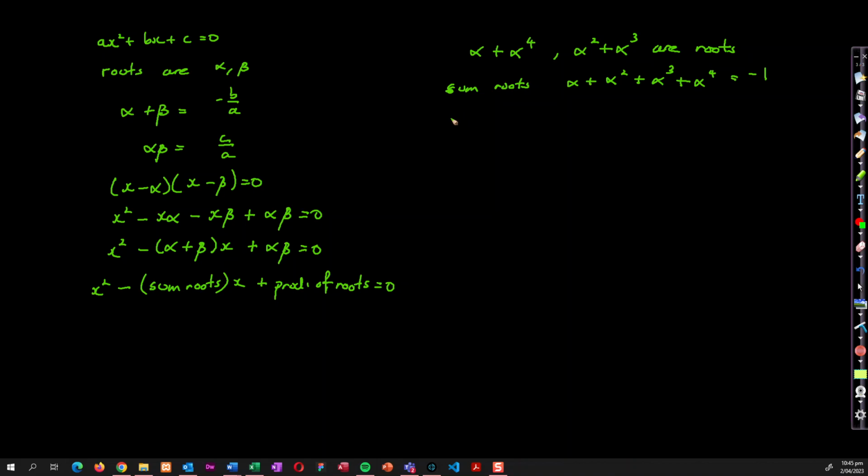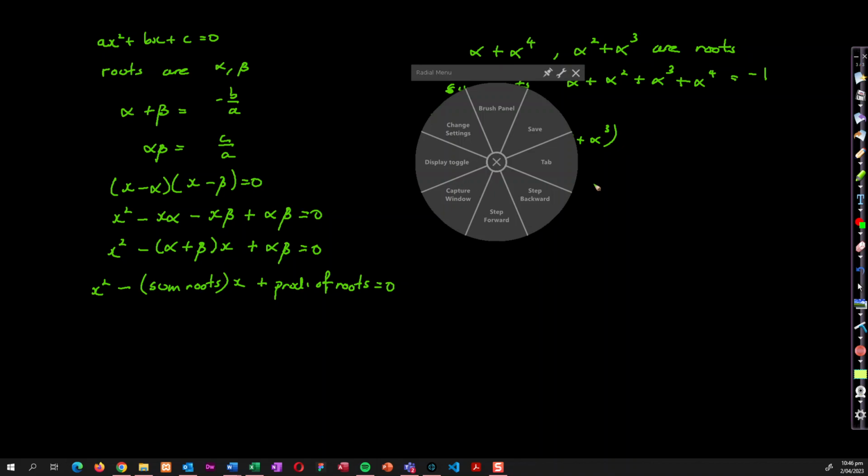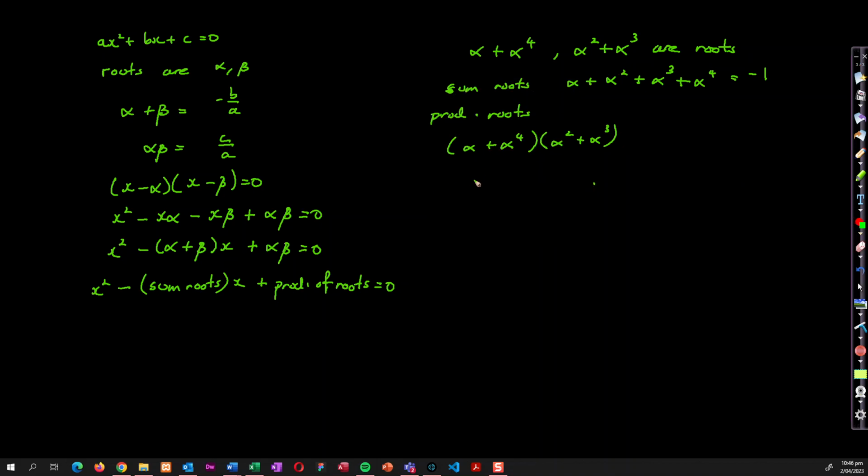Now, if you look at the product of the roots, if you take these two roots that you're given and multiply them together, that's going to be alpha cubed plus alpha to the power of 4 plus alpha to the power of 6 plus alpha to the power of 7.